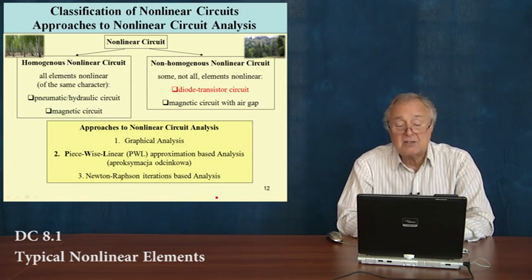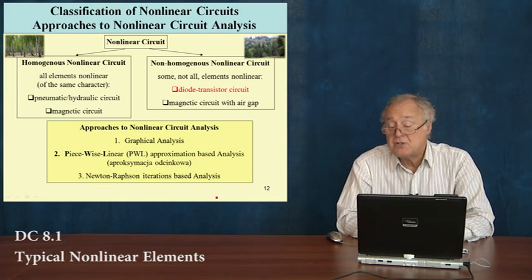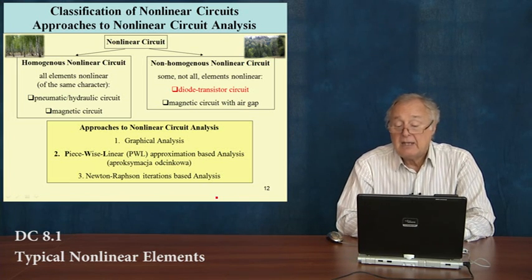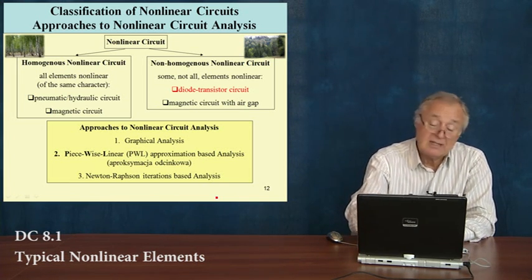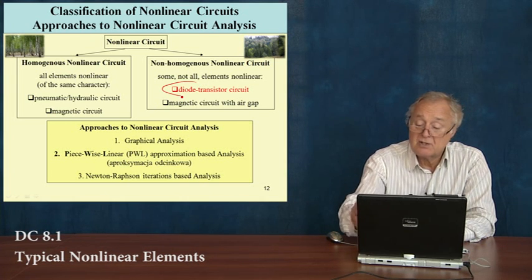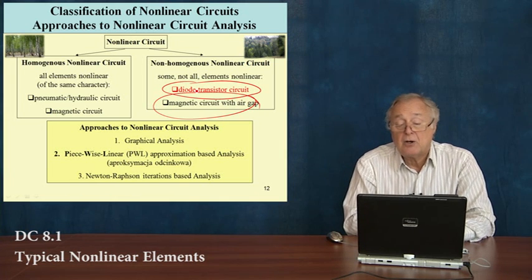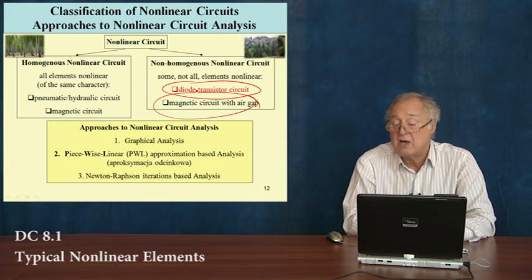Also magnetic circuits are homogeneous nonlinear circuits. Then we can have a non-homogeneous nonlinear circuit, which means only some elements are nonlinear, and these nonlinear elements, as in electronic circuits, are diodes and transistors. Also in a magnetic circuit we may have a non-homogeneous circuit if we have an air gap, which is a linear element on a circuit diagram.